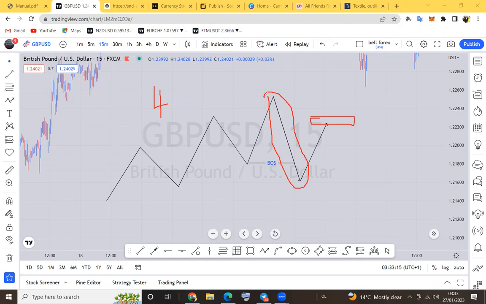Where on the previous wave did we have an institutional action? And maybe on this wave, somewhere around here, we had a drop base. Let's say we had a drop base here.